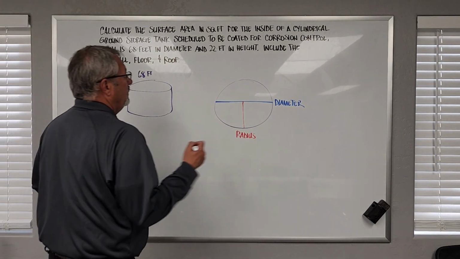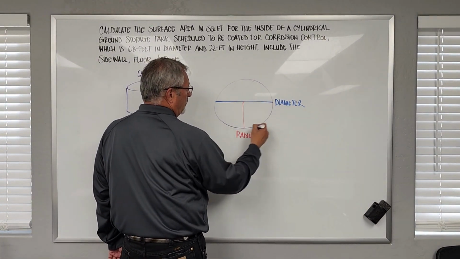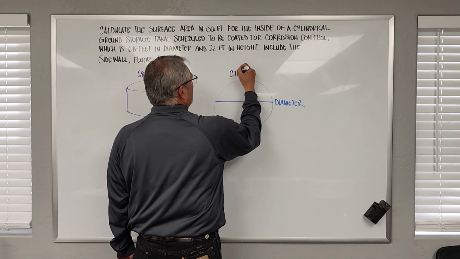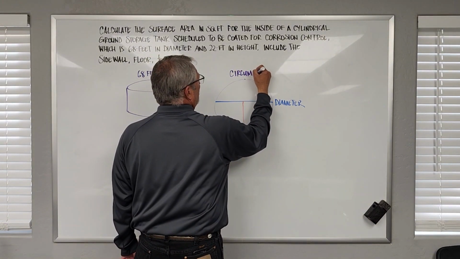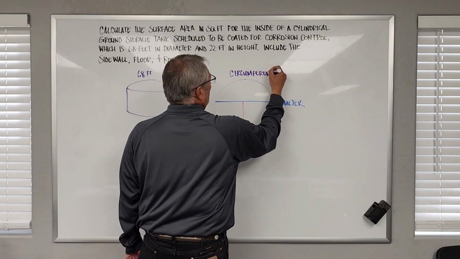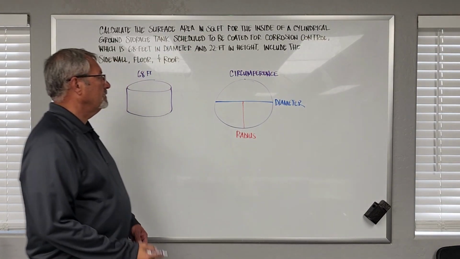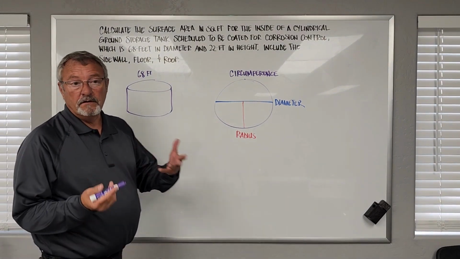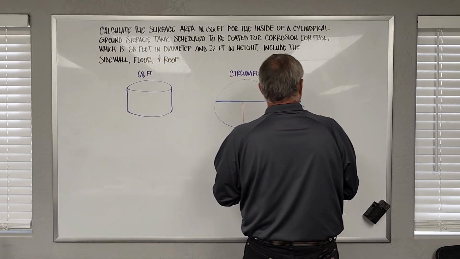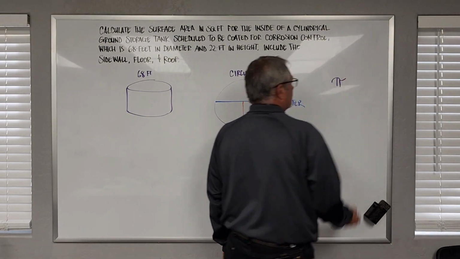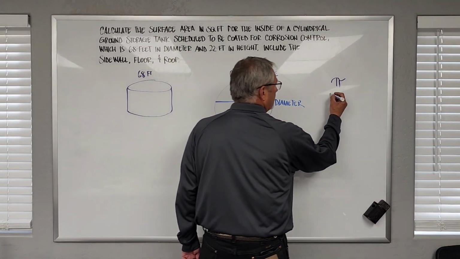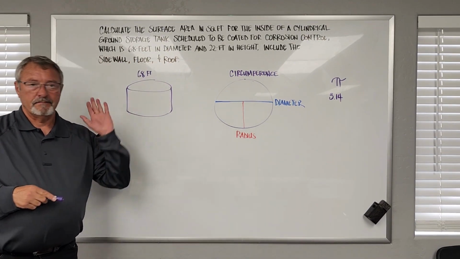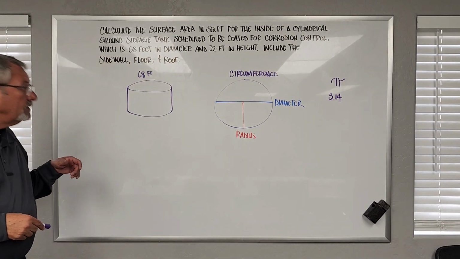But if I start at one point and go all the way around and match up to that point again, I have the circumference. Now it's important to know pi, the symbol for pi, is 3.14. There's a lot of other numbers as well, but it's basically 3.14.